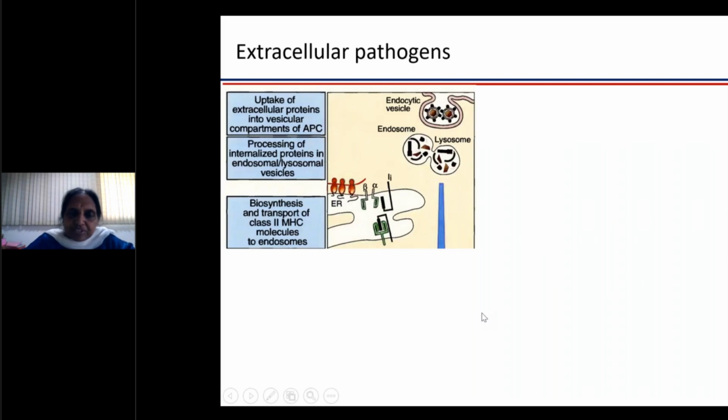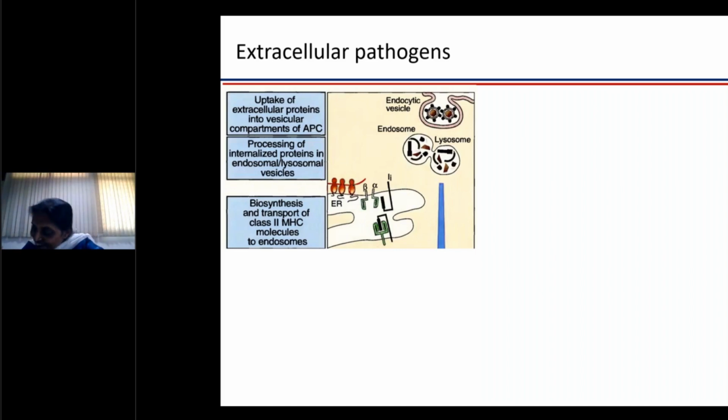The extracellular pathogens use a very different route. They are taken up by the endocytic vesicle, and this endocytic vesicle fuses with the lysosome. So can somebody tell us what is there in the lysosomes? Hydrolytic enzymes.